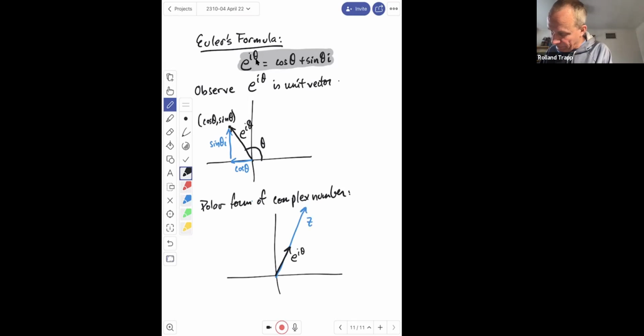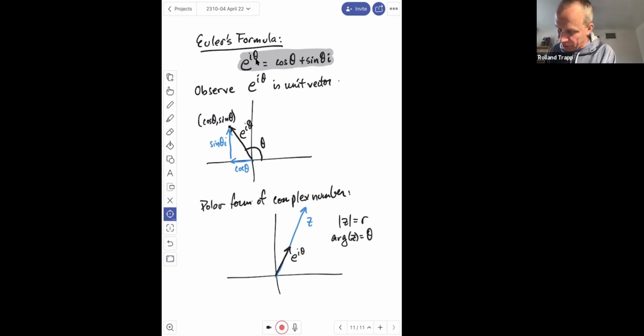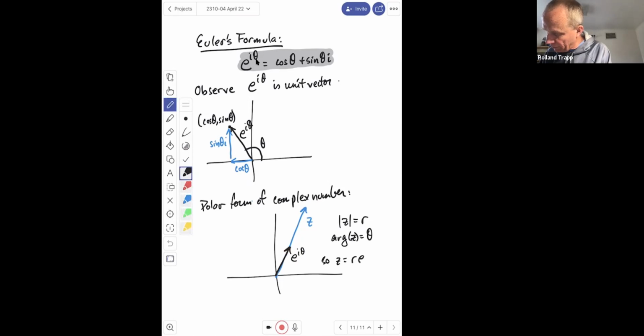If the length of z is equal to r, then the argument of z is some theta, and e to the i theta is the unit vector in that direction. So z is equal to r e to the i theta. That's the polar form of a complex number, where theta is the argument of z and r is the modulus of z.